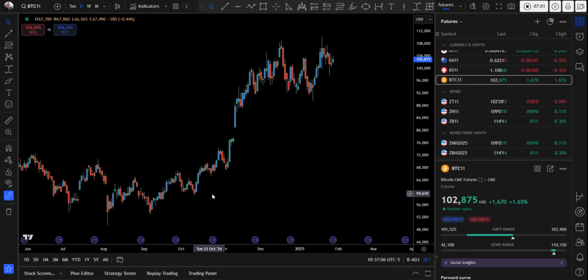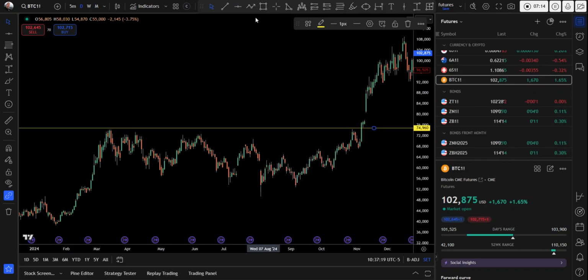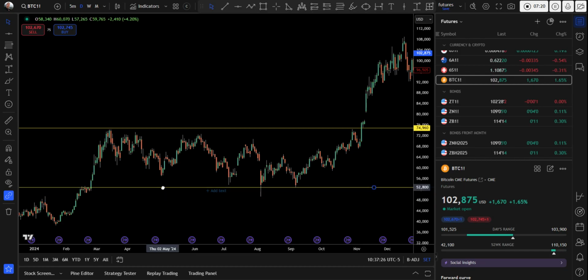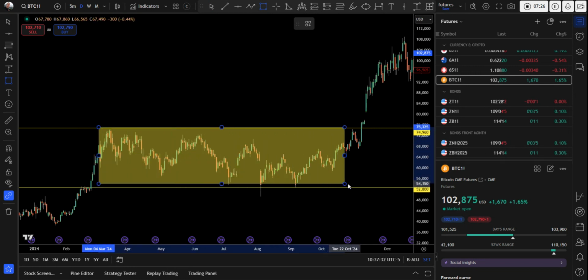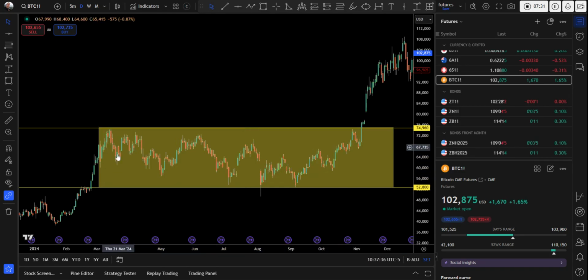Finally, sideways, right? Okay, Bitcoin. We're looking at this. So how do you define a sideways market? Well, again, we'll talk about drawing the lines later, but for now, I'm just going to bracket this market so you can kind of see where the sideways action is. So you see this? Now, if you look at this closely, you're going to see that it's consolidating.